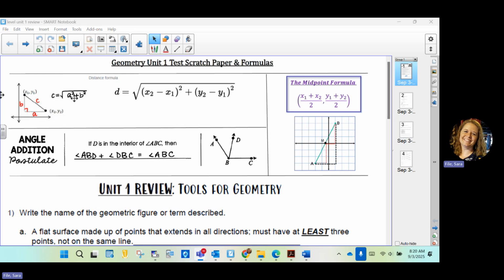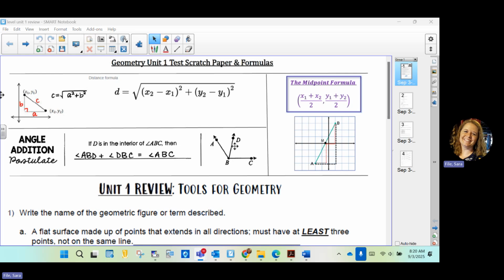So the distance information, and the midpoint formula with a picture to help remind you the midpoint is the middle. You can count your full vertical and horizontal distance, and you can count halfway to find your midpoint. So, formula and picture for both distance and midpoint, and a reminder about angle addition, that angle ABD plus DBC would be ABC.